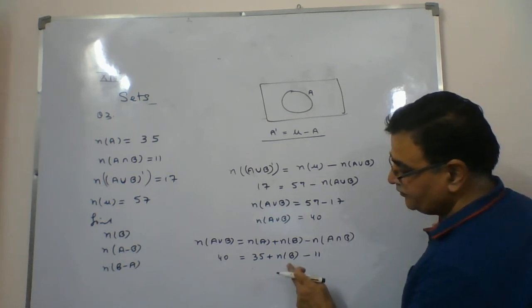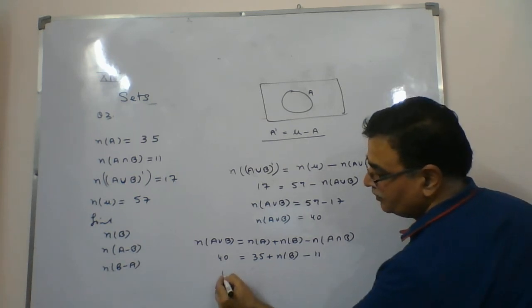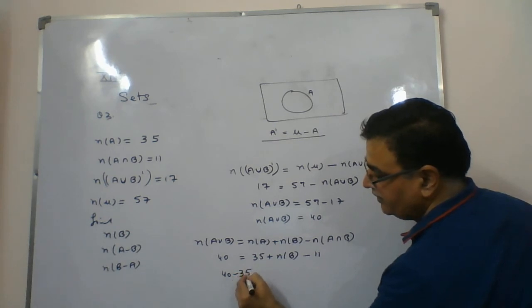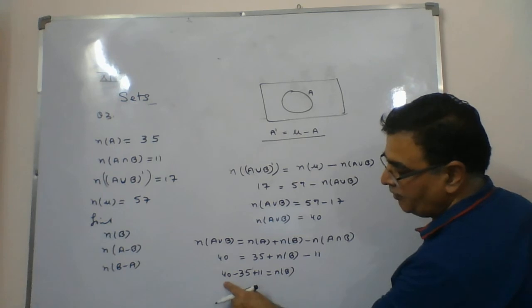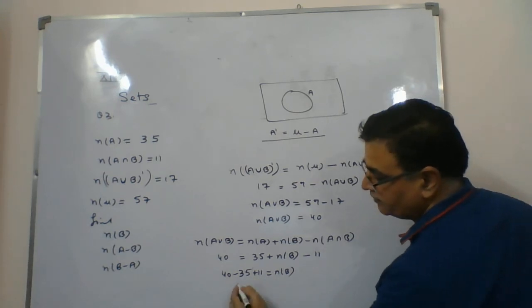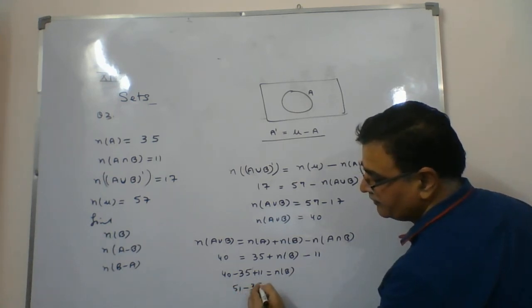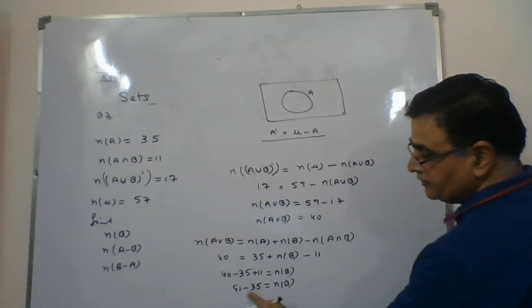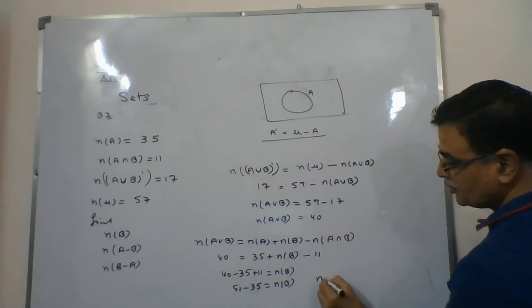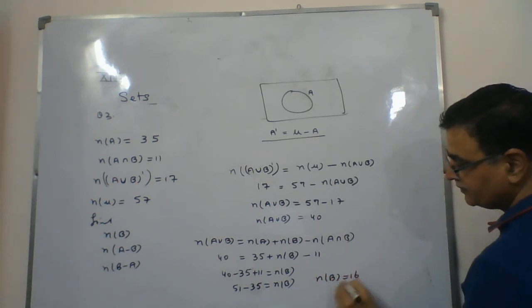So in this case when you want n(B), this is 40 minus 35 plus 11. This comes out to be 40 plus 11 is 51, 51 minus 35 is n(B). How much is it? 16. So n(B) comes out to be 16.